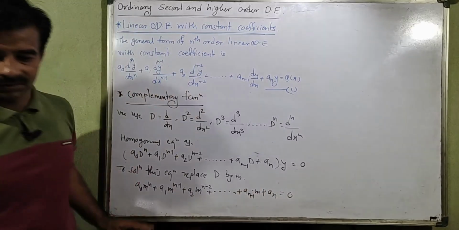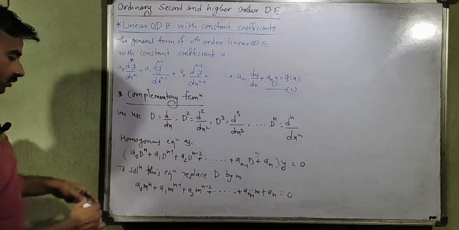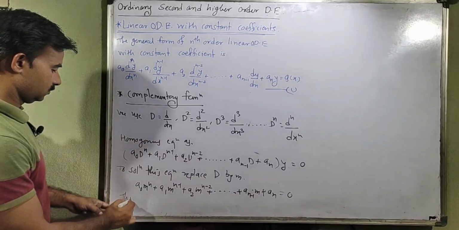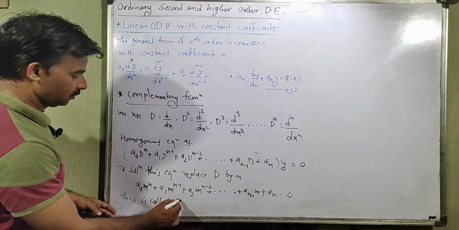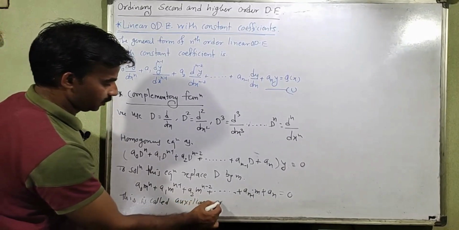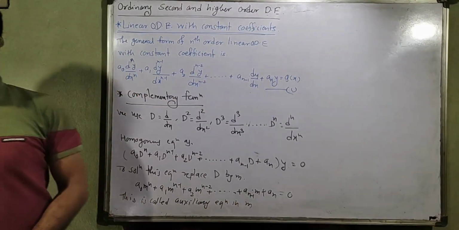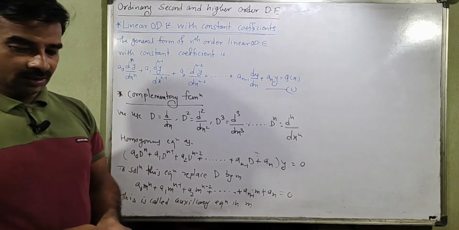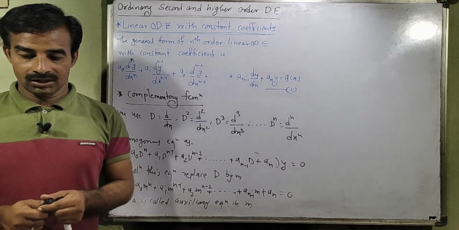This is called the auxiliary equation in m.